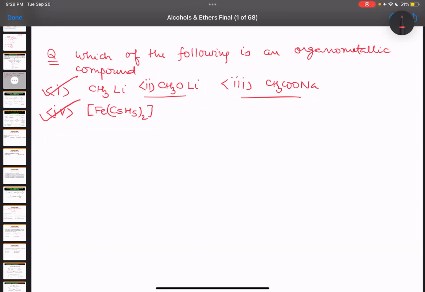So this is very, very important. There are many other types of organometallic compound. So this is organocopper, a carbon-copper bond is there. And this is a carbon-cadmium bond.